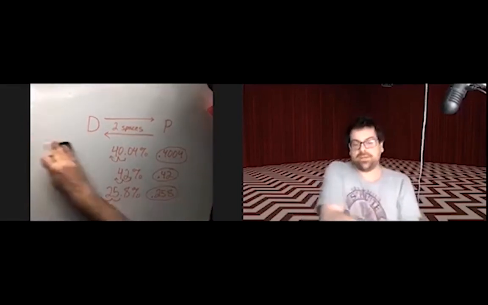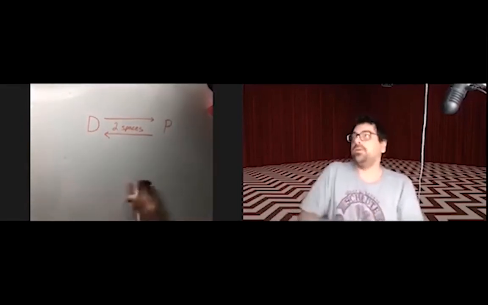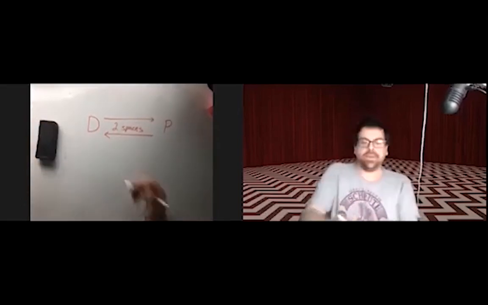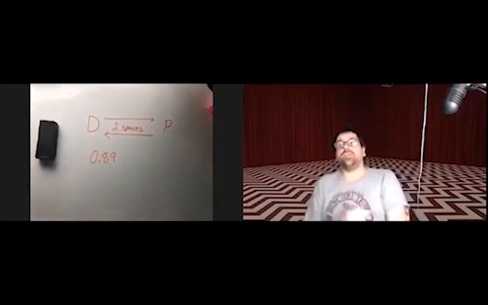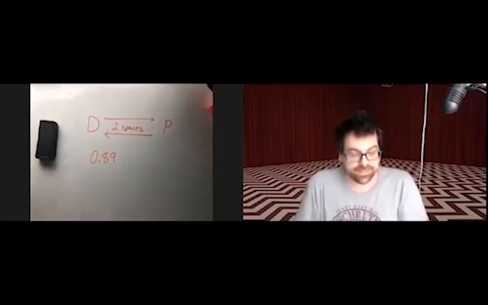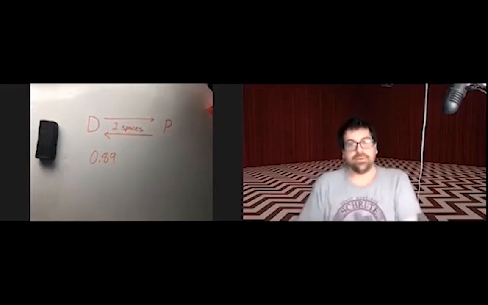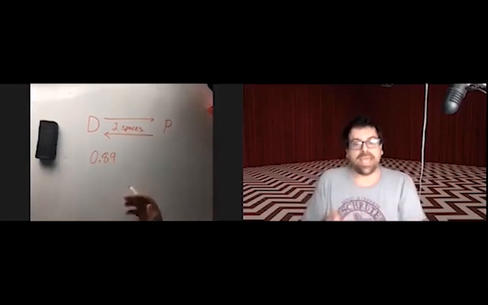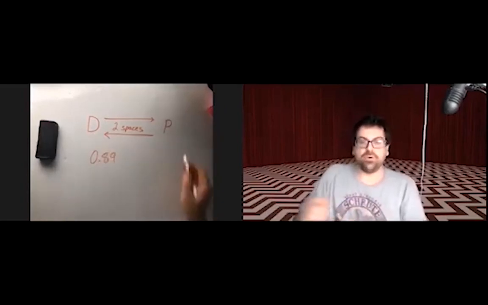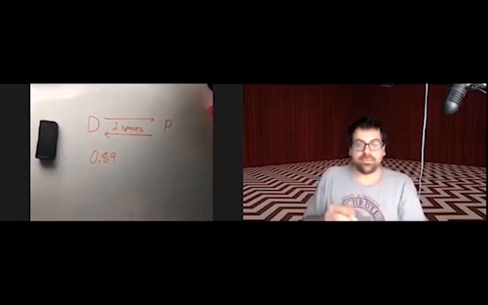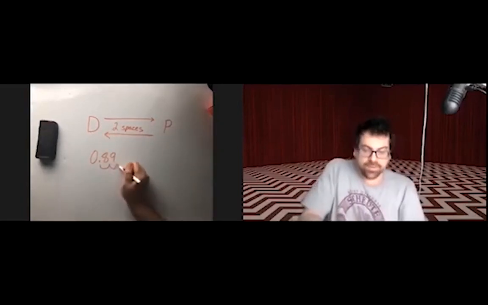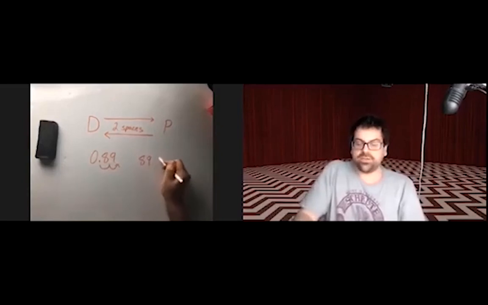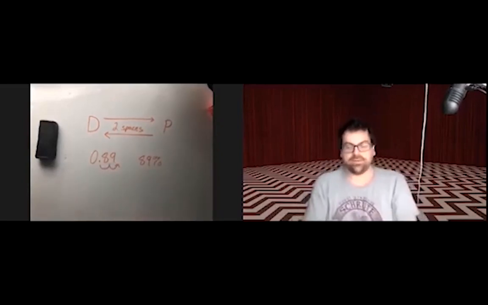Now let's go the other way. Now let's start with something like 0.89 and turn this into a percent. I recommend, when we can, going the decimal to percent route, just moving the decimal point 2 spaces to the right, which turns it into a percent.